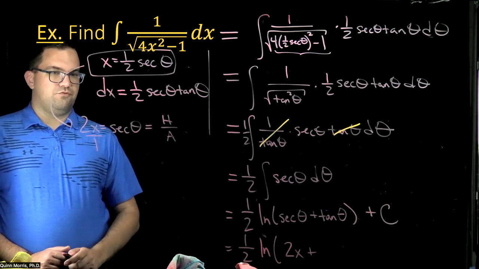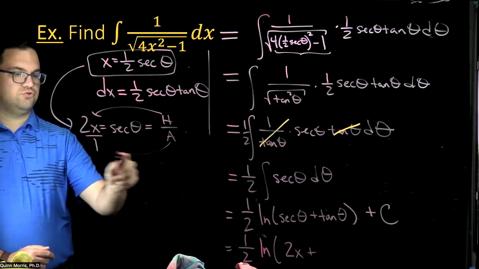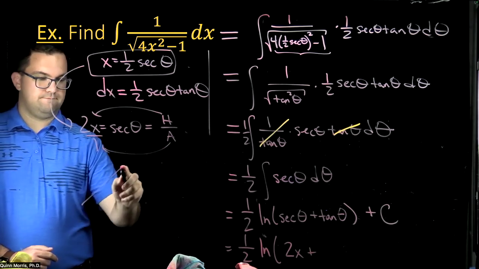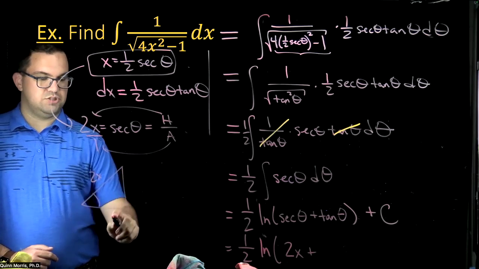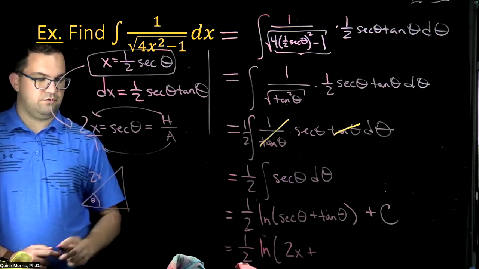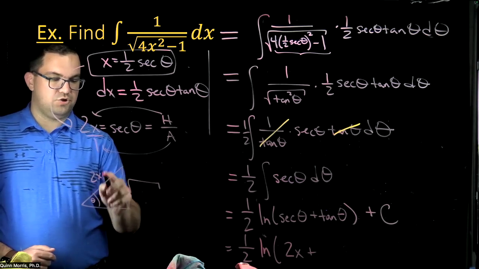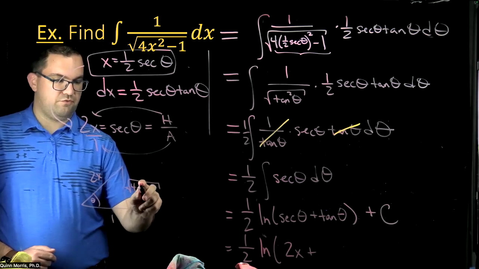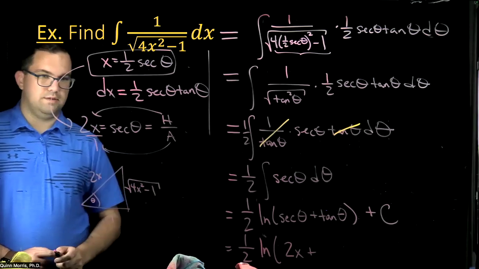Now, we can rewrite 2x as 2x over 1, and so we'll create our reference triangle by making our hypotenuse 2x, our adjacent side 1, there's our angle theta, and so the opposite side will be the square root of quantity 2x squared, or that's 4x squared, minus 1.